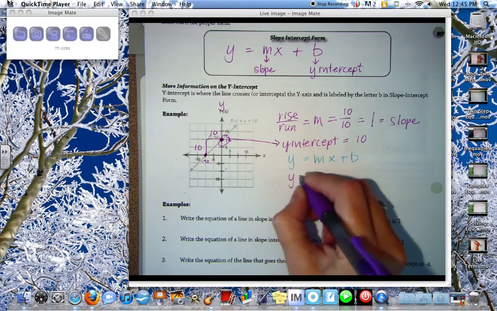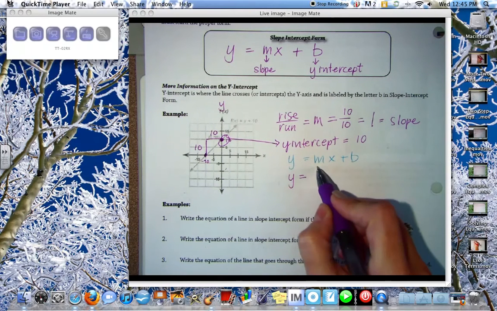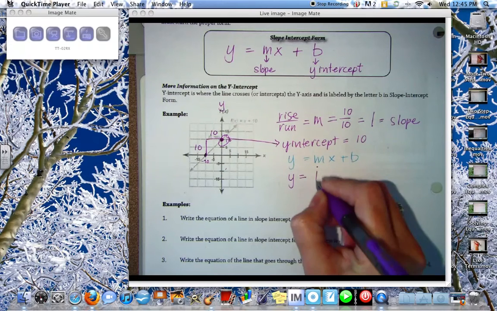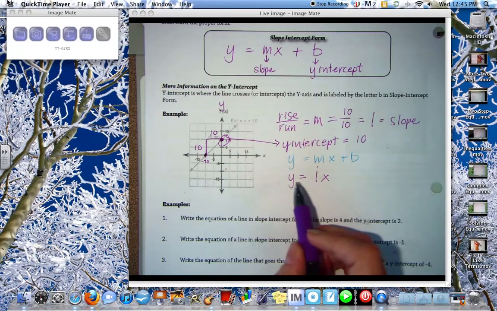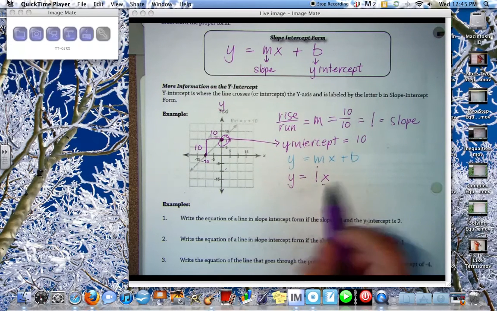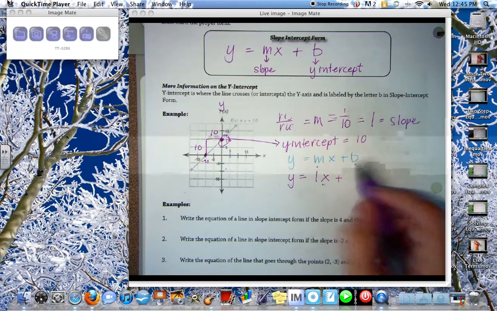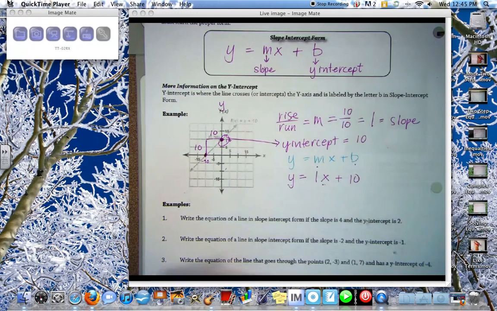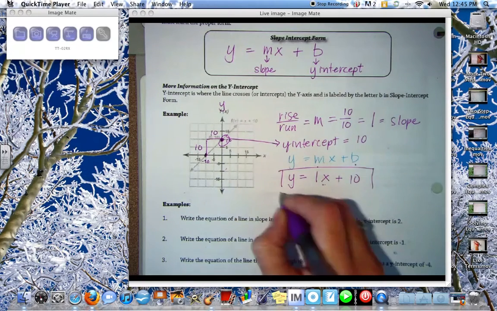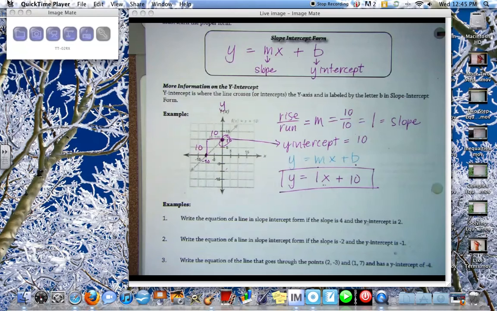It goes y equals, I fill in my slope for the m, which we just found to be 1, x, I leave the y and the x in the equation, plus my y-intercept, which we just found to be 10. So we just wrote the equation for this line. Crazy.